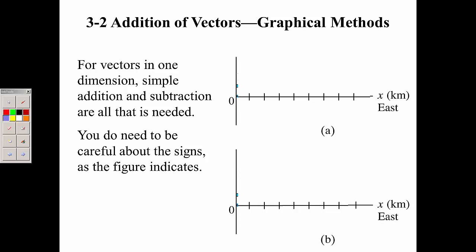Now, adding vectors, we did that kind of conceptually last time. I'm just going to go over it again here. Suppose we're looking at vectors in one direction and you want to add some vectors together.